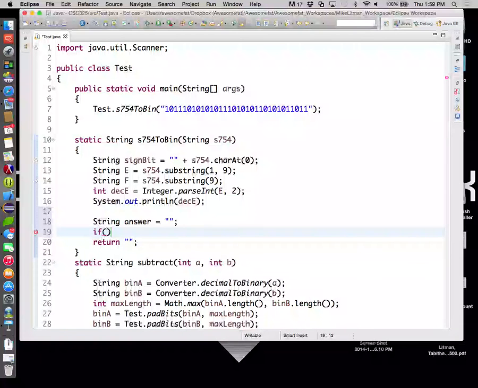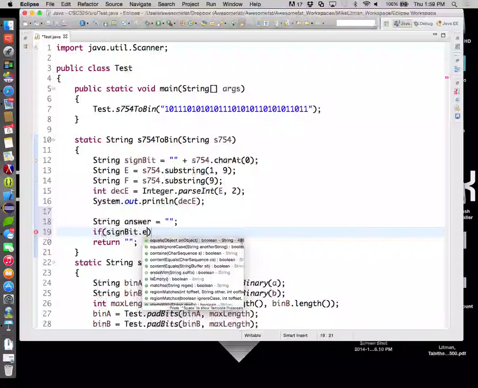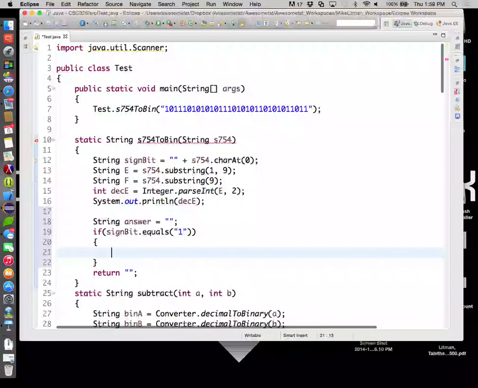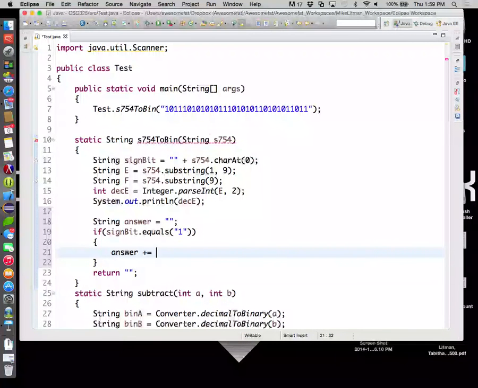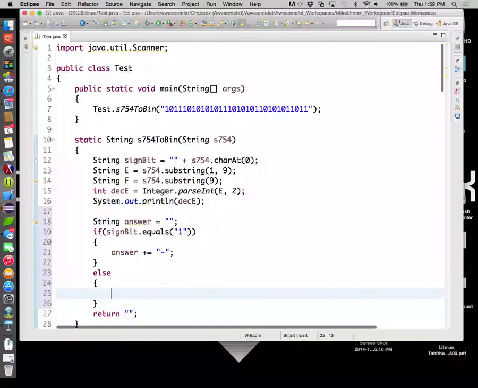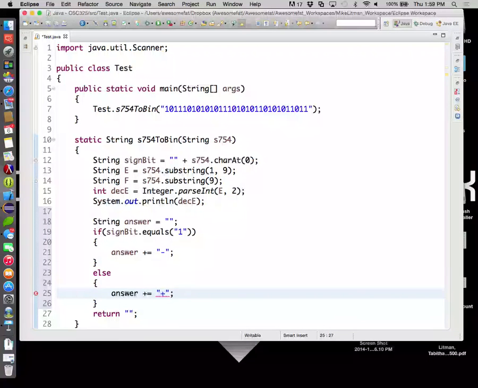If sign bit dot equals a 1, answer plus equals a negative sign. Else answer plus equals a positive sign, just so we can specifically show whether it's a positive or a negative number.